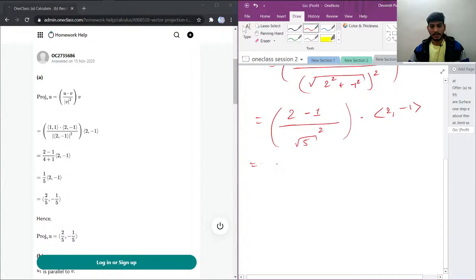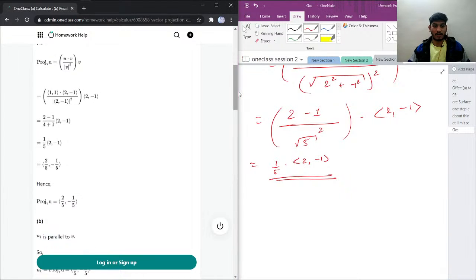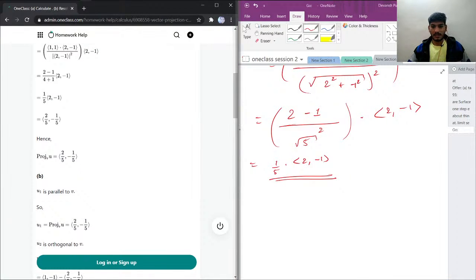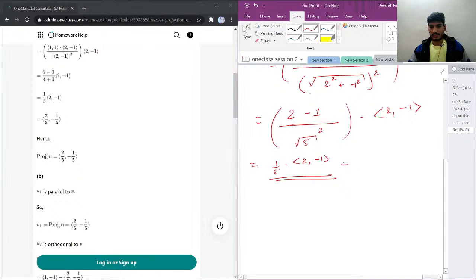And this will become 1 over 5 times 2 comma negative 1. So this is the projection of u along v, and I can also simplify this as 2 over 5 comma negative 1 over 5.